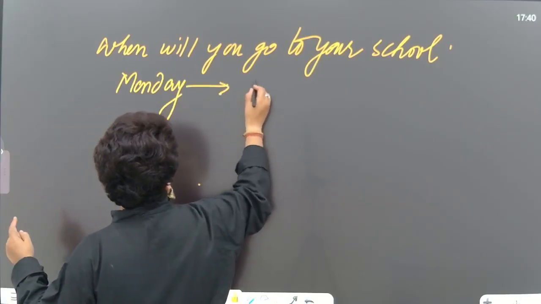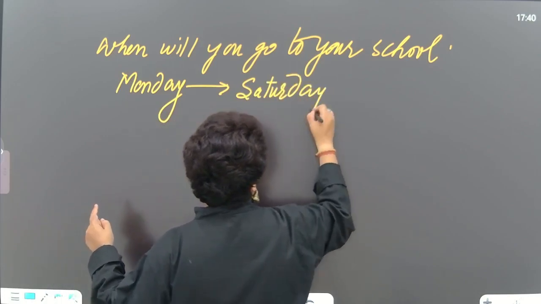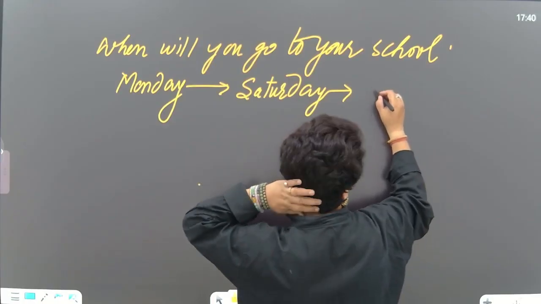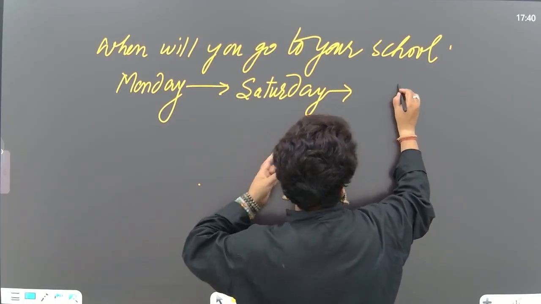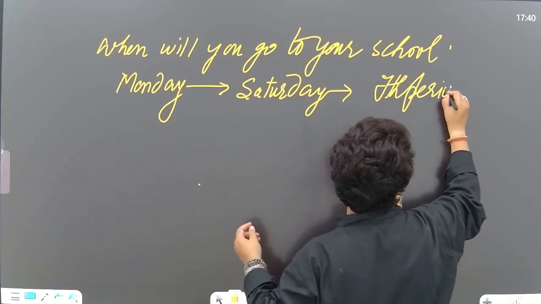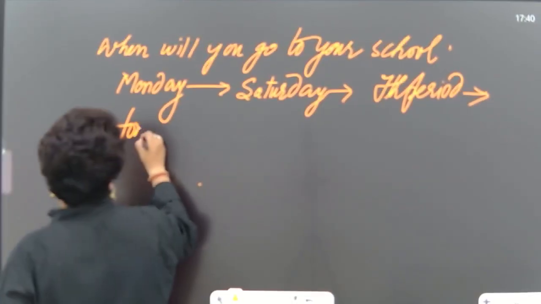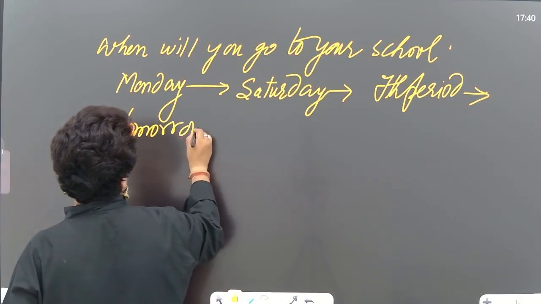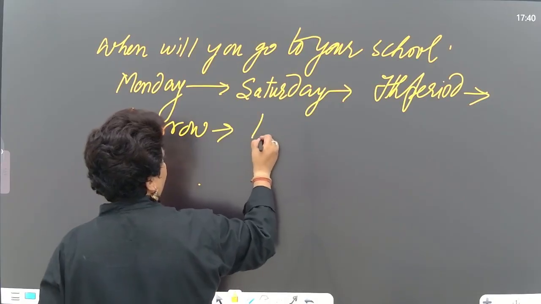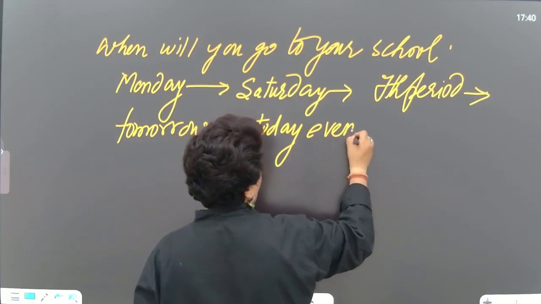If he says, I will go on Saturday, it is fine. If he says, I will go seventh period, that is also fine because it is describing the time. If he says tomorrow, then also it is fine because it is describing the time. And if he says today evening, then also it is right because it is mentioning the time.